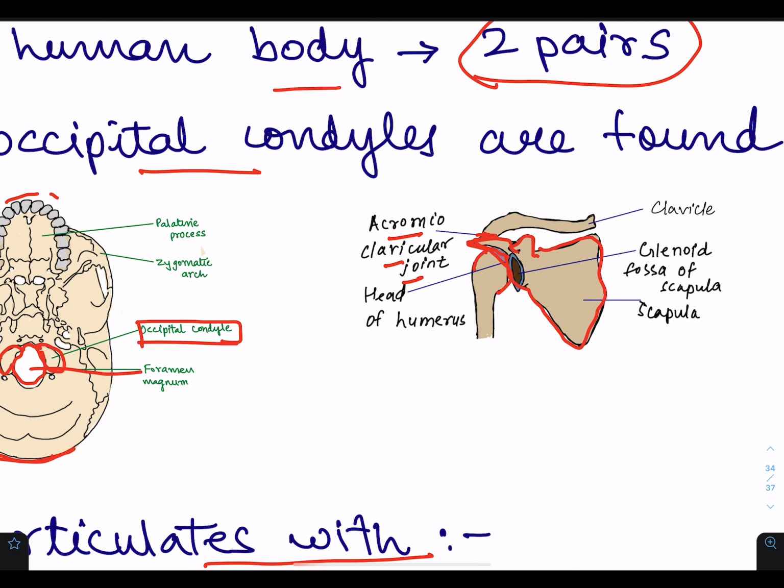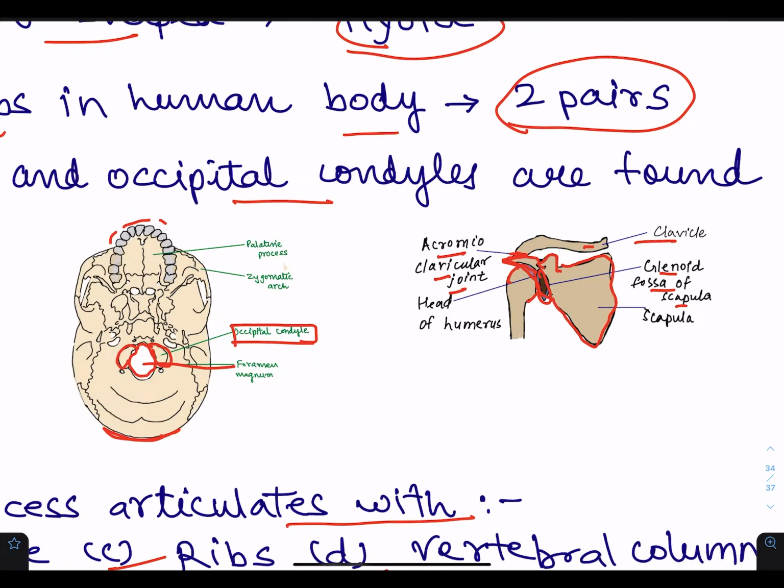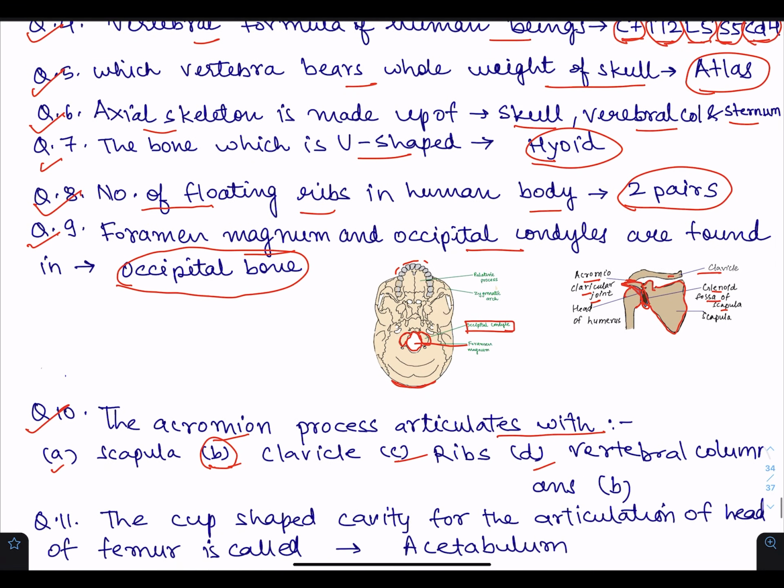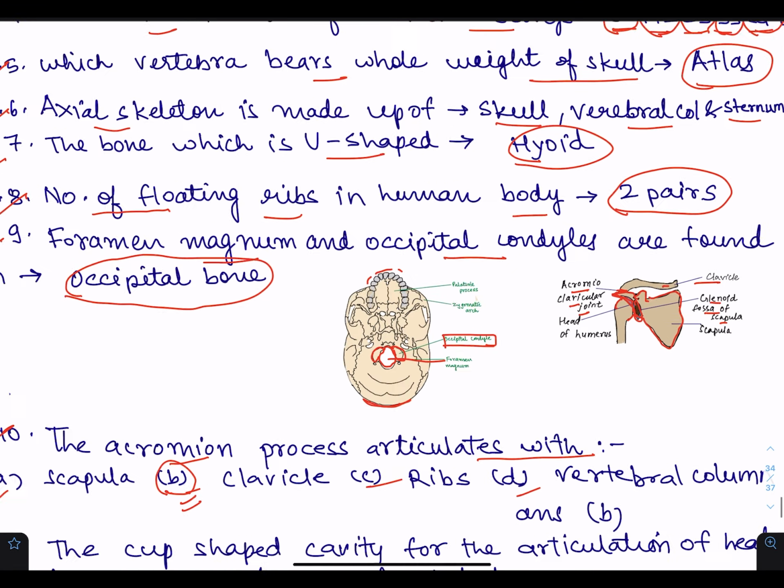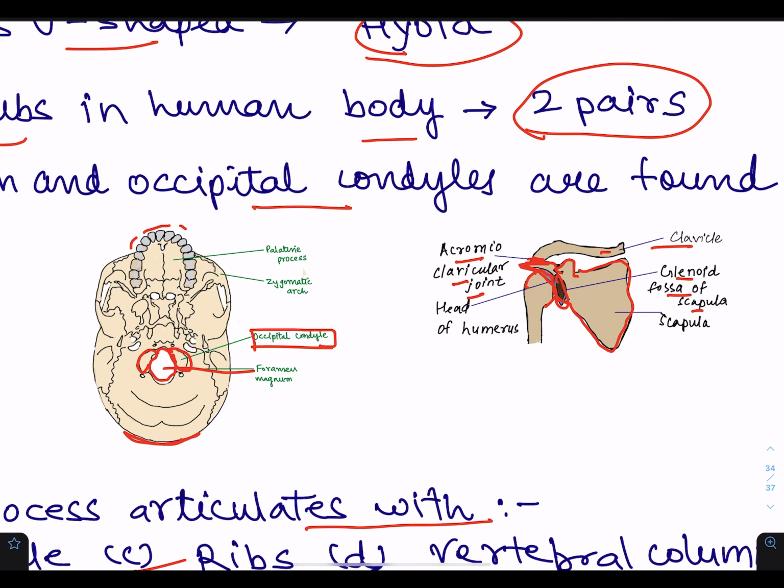Here the head of humerus is articulating with the glenoid fossa or the glenoid cavity of scapula. This is the clavicle. So our answer is clavicle, because the acromion process is articulating with the clavicle.